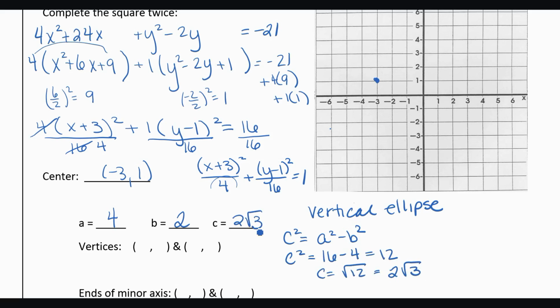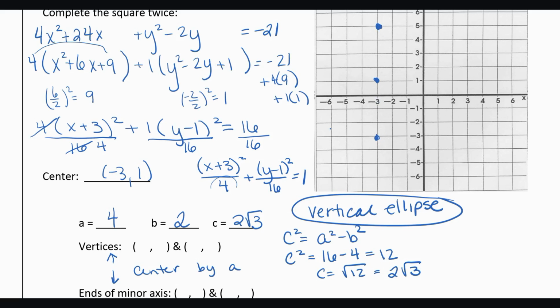Okay, so I like to use the graph to help us figure out where our vertices and everything are. So we're going to start at the center. We know this is a vertical ellipse. So that means to get our vertices, we need to go up and down from the center by a. Okay, so we need to go up from this point by 4 and down from this point by 4.